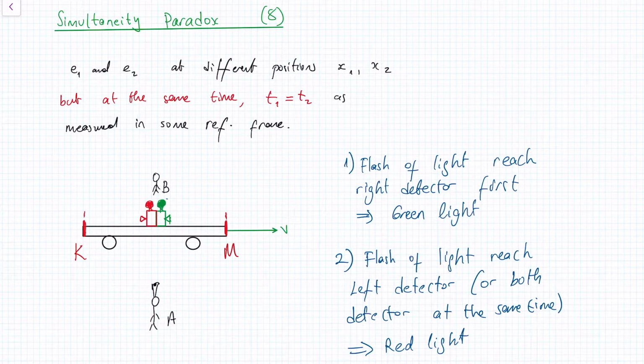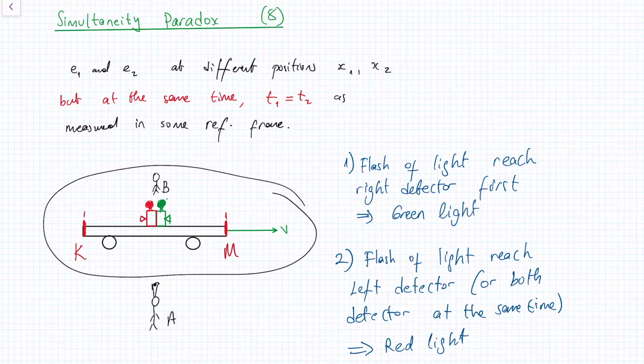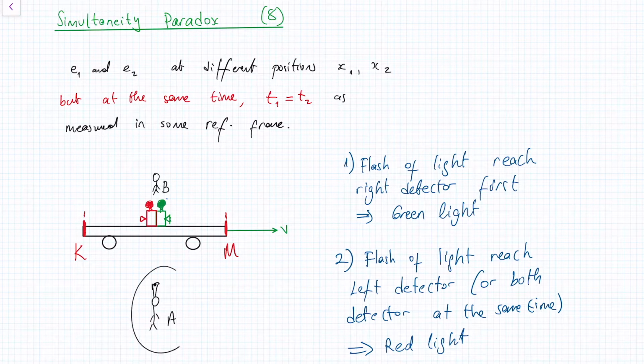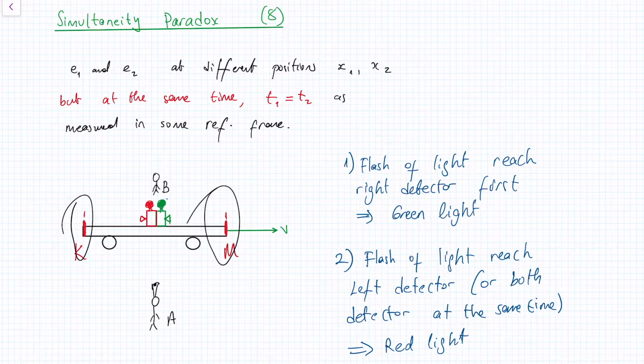What we have here is a little car, and on the car there are two detectors and one person, and there is another person on the platform observing this, right? And the car is traveling with some constant velocity v. Okay, so the rules are this. There are two firecrackers, one at K and the other at M. And they explode. And once they explode, the light will travel spherically in every direction.